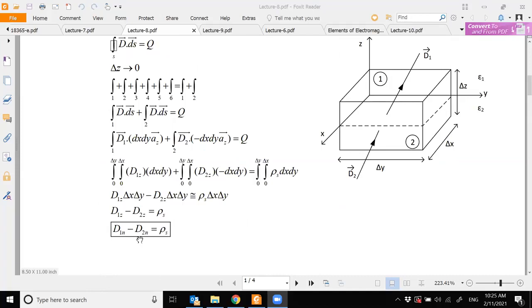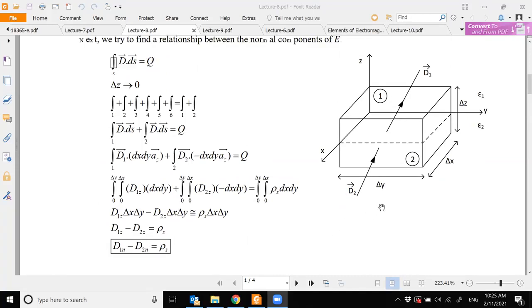D1 normal minus D2 normal is equal to rho s, I'm getting this because I'm entering the boundary from region 2 and leaving from region 1, and because of this direction I'm getting D1n minus D2n is equal to rho s.